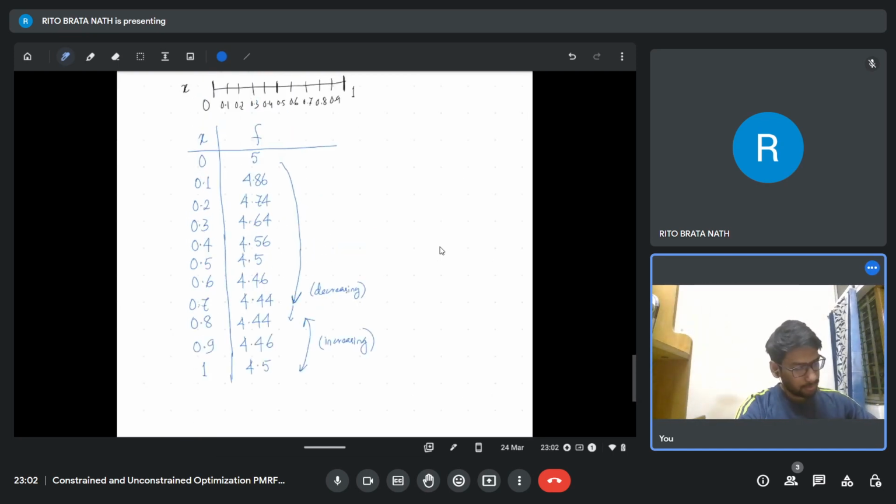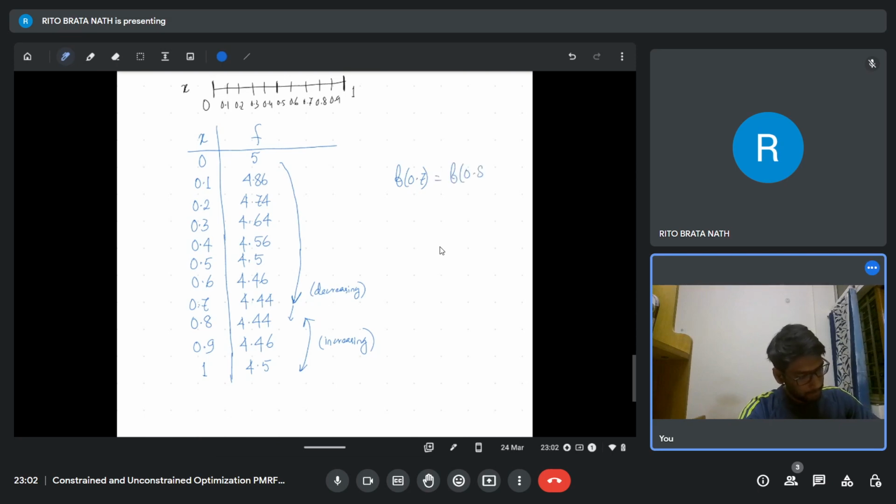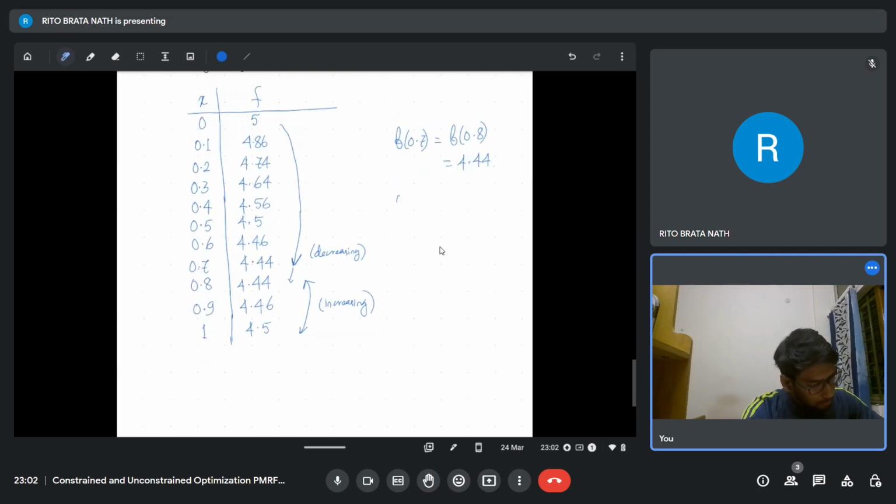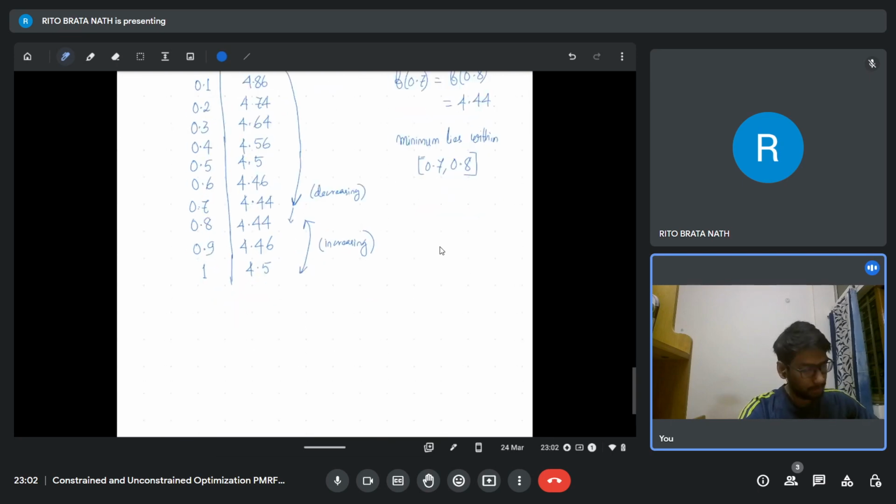Since f(0.7) equals f(0.8) equals 4.44, and assuming it's a unimodal function, that means the minimum lies within 0.7 to 0.8.